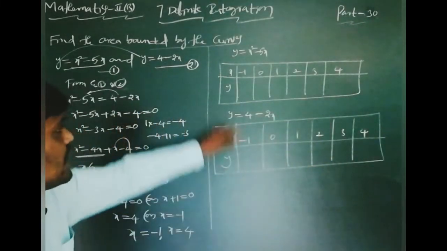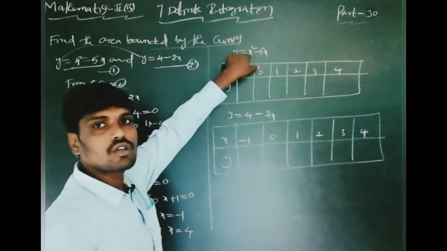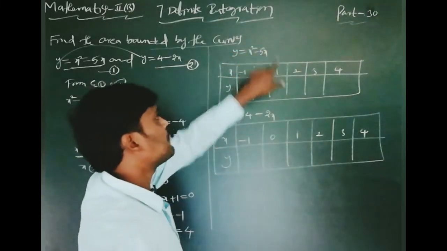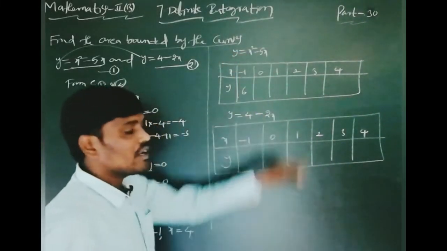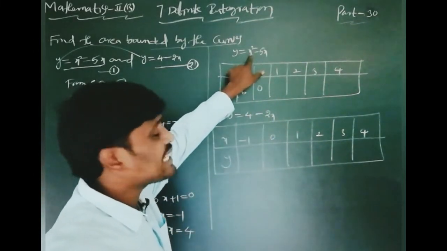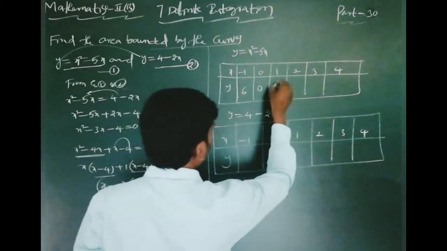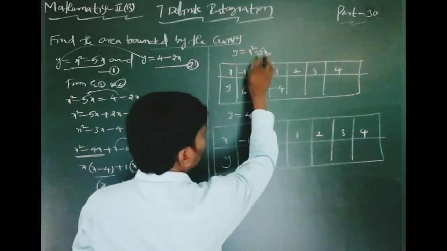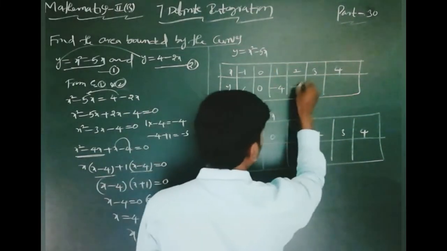Find the values. You can write x value -1, -1 square, 1 minus of minus plus 1, you get 6. You can write x value 0, y value also be 0. You can write x value 1, 1 square minus 5, nothing but minus 4. 2 square 4, 4 minus 10, minus 6.